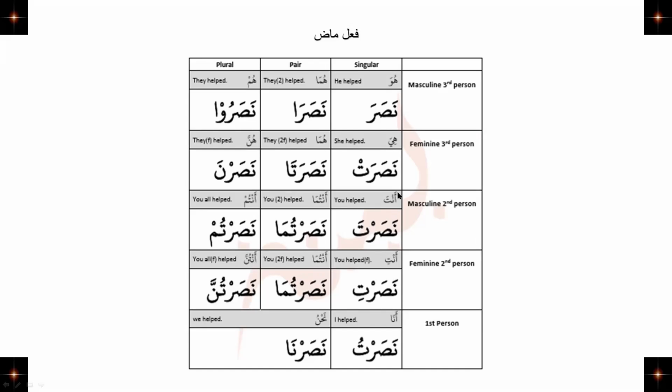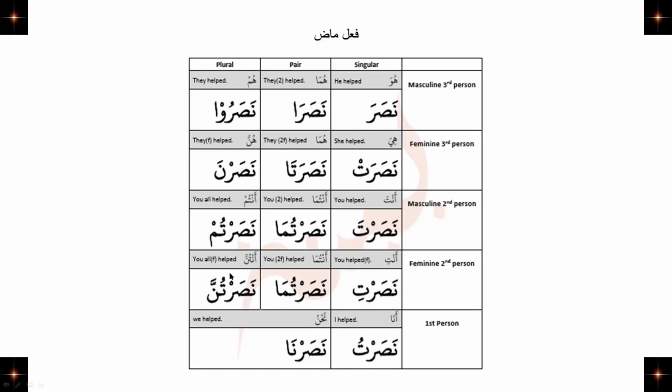Just remove the alif, hamza, noon, and then join that particular last letter to the fi'l. Then it will tell you that it is you who helped, both of you who helped, all of you, masculine, who helped, you, girl or lady, who helped, both of you who helped.